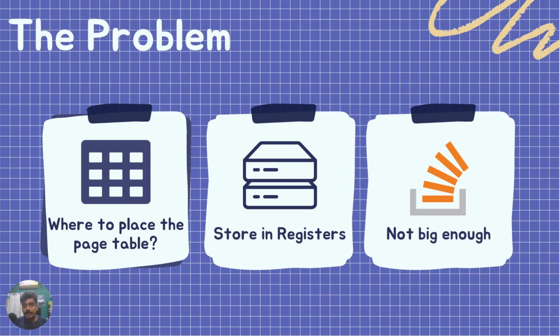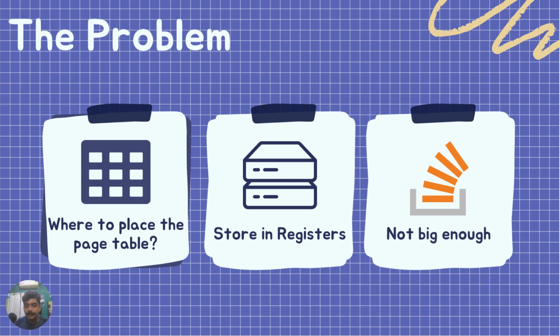As we know, the fastest is the CPU, and then we have the registers, then the cache, and that is how the data storage pyramid is. Registers are right next to the CPU, and they are one of the fastest storage devices. So initially there was a thought of storing the page tables in the registers itself.